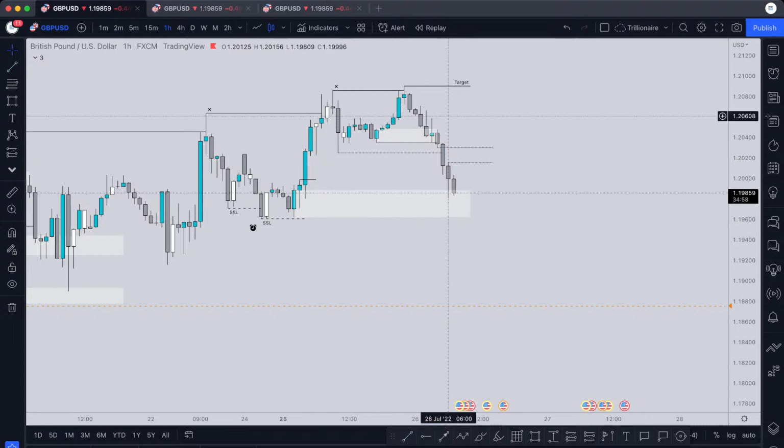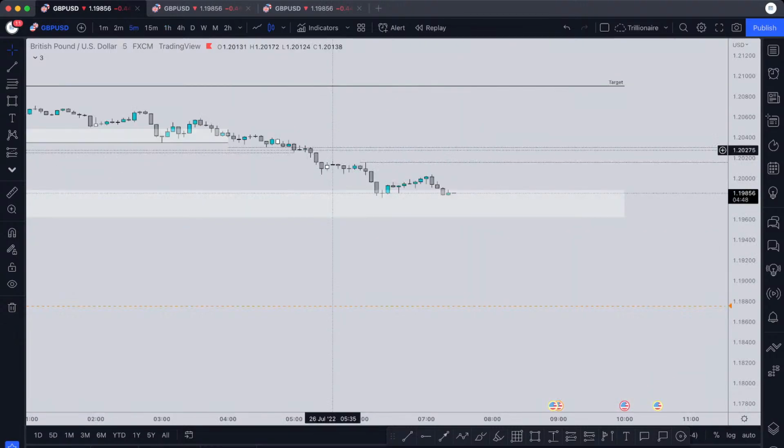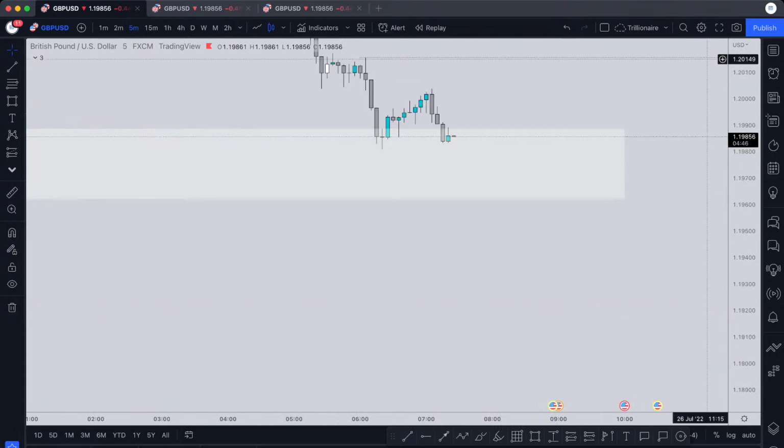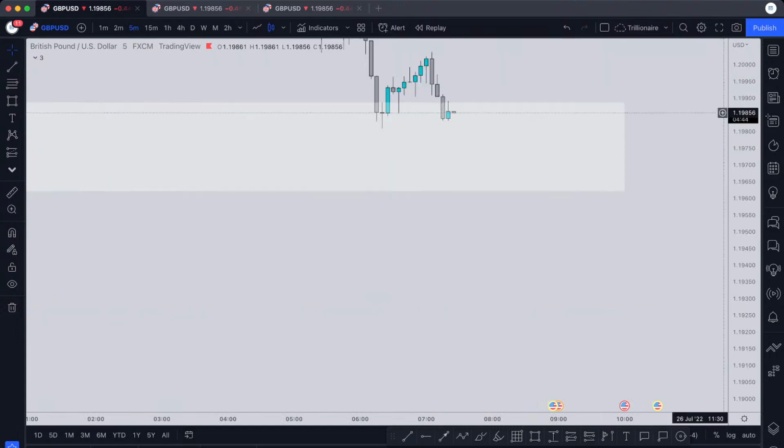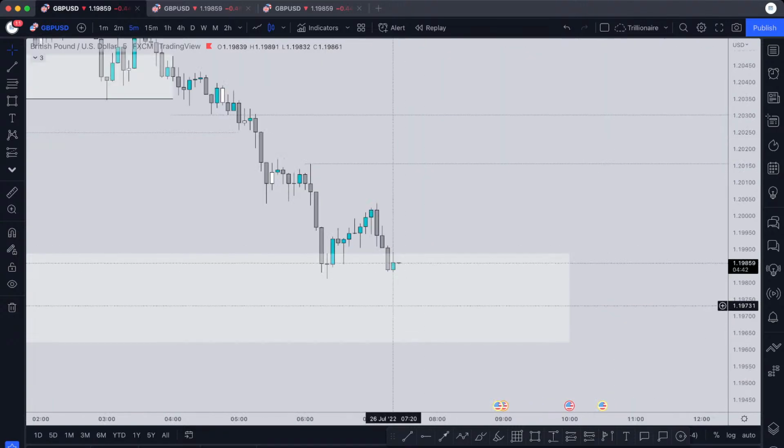Solid play here. So I'll be paying attention to these areas. At this point, once New York session actually starts, you can easily look for possible buy opportunities within this H1 apex demand that price is at currently.